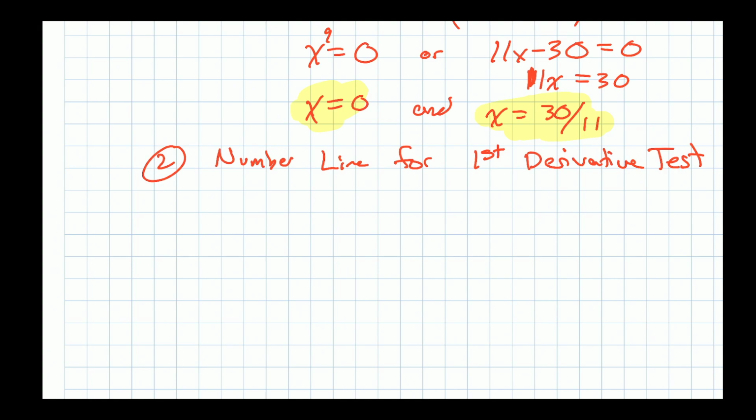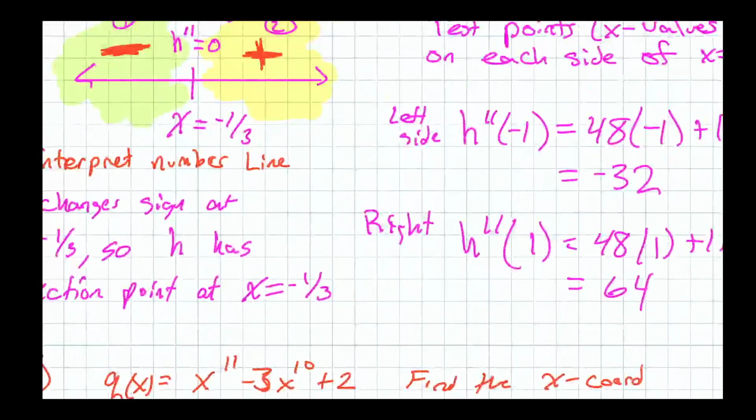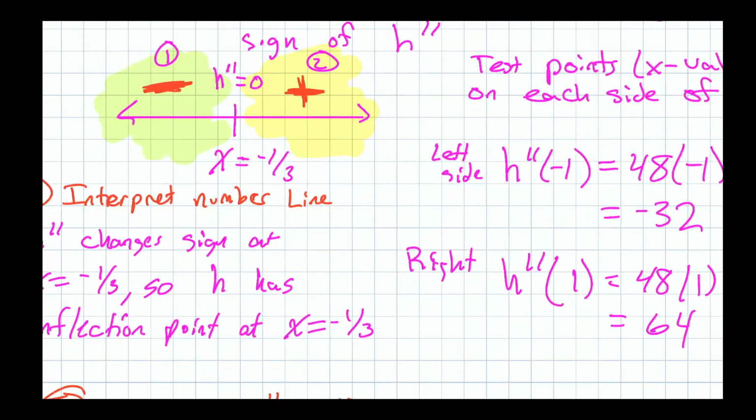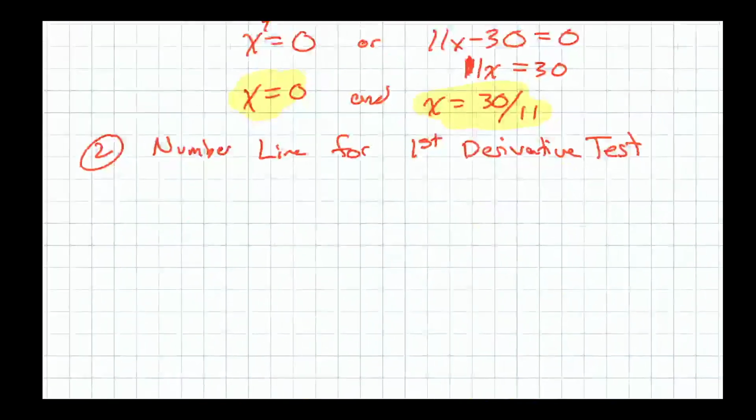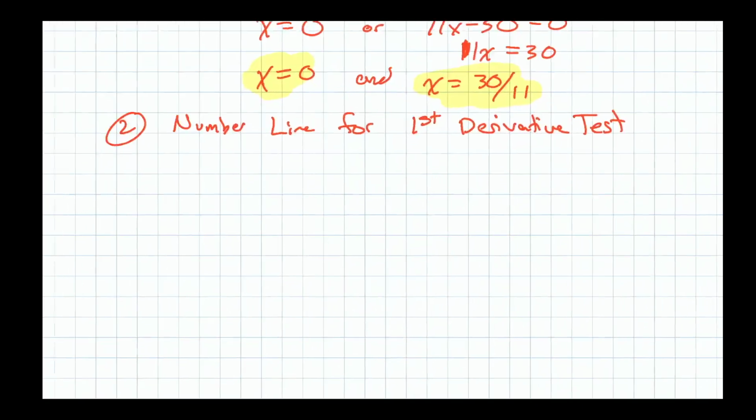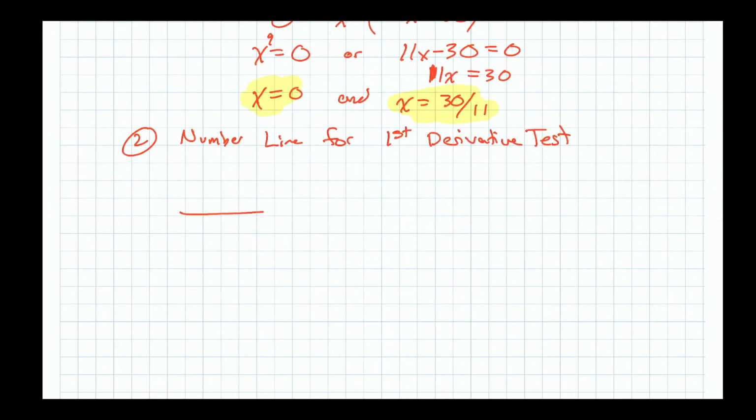How do we do it? Well, think about it. It's exactly what we did up here, except instead of the second derivative, we are using the first derivative because we're doing the first derivative test. So that's easy. We just make a number line. We put our critical points on the number line, like so.